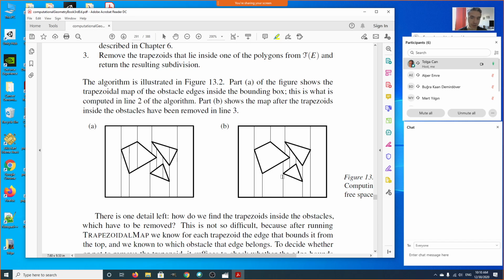The search structure allows you to search for a particular point on your map in sublinear, expected logarithmic time. But since we are trying to find the path, we are not going to perform many point location queries in this particular problem.